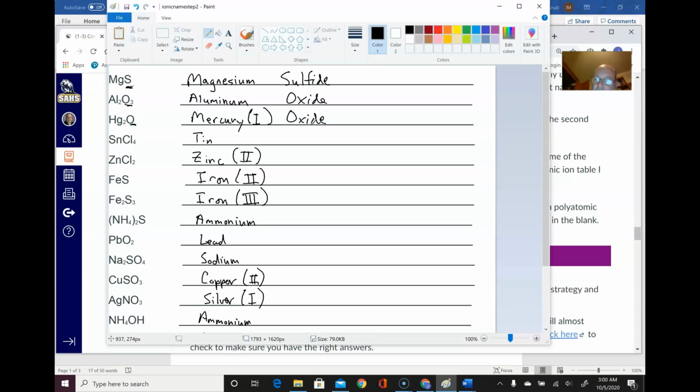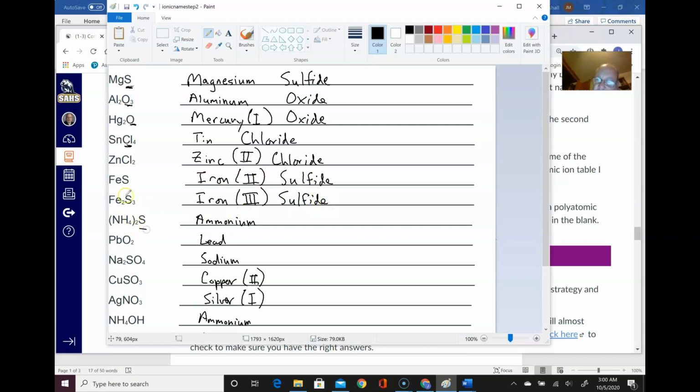So mercury 1 oxide. Second component here is chlorine, so tin chloride. Zinc chloride. Iron 2 sulfide. Iron 3 sulfide.